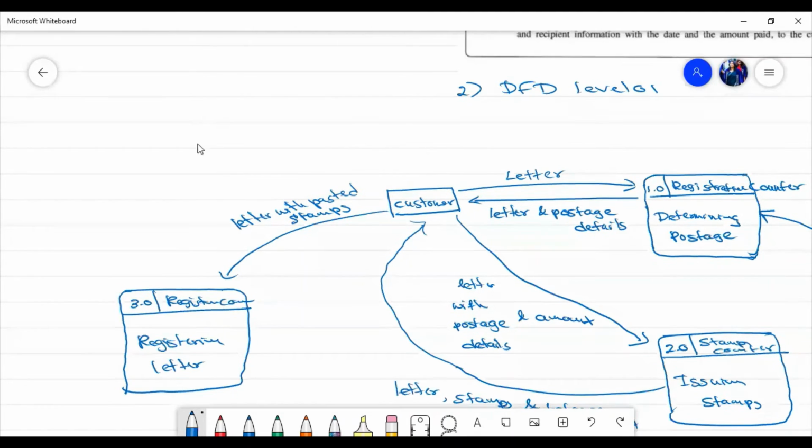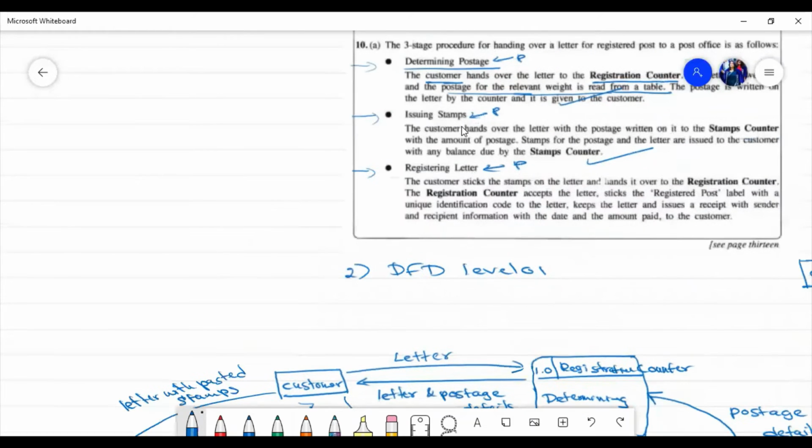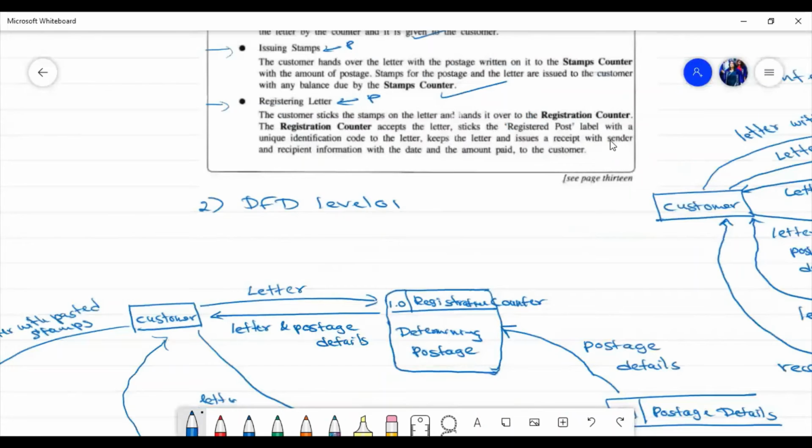And then it says the customer sticks the registered post label with the unique identification code to the letter, keeps the letter and issues the receipt with sender, right? So now they are going to give a unique identification code to the letter, right?